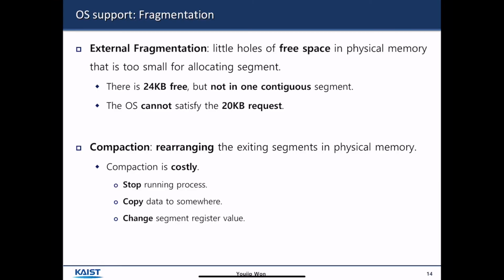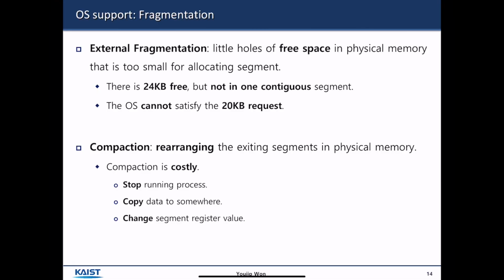The problem with segmentation is external fragmentation. As you allocate and deallocate segments a number of times, there can be lots of little holes of free space in physical memory that are too small for allocating any segments. Let's consider the following scenario.